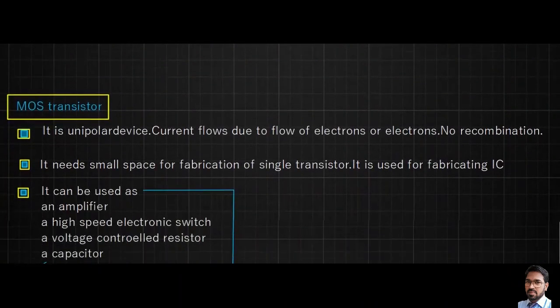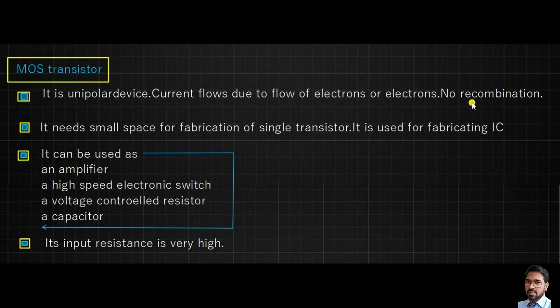Let us see about the MOSFET. I have written MOS transistor because a number of MOS transistors are there, so in general we are talking about the MOS family. What are the features of the MOS family? The first important point is that it is a unipolar device. It means the current flows due to the flow of either electrons or holes.